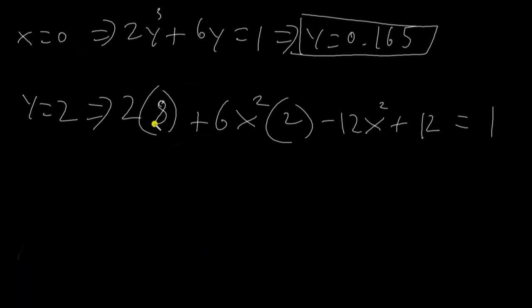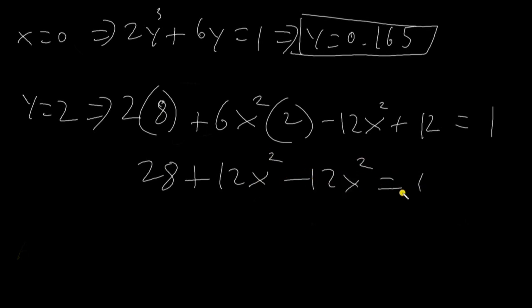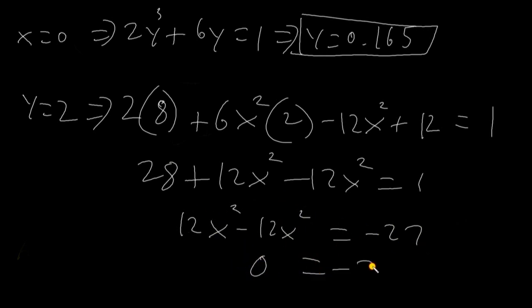And then 8 times 2 is 16, 16 plus 12 is 28. So 28 plus 12x squared minus 12x squared equals 1. I'll subtract 28 from both sides, and I'll get 12x squared minus 12x squared equals negative 27. Well, 12x squared minus 12x squared is just 0. So it's 0 equals negative 27.